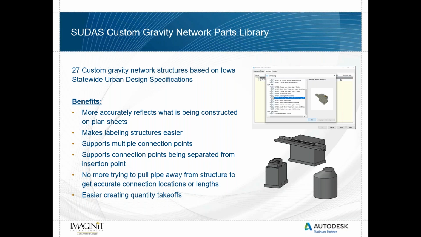Especially as we started doing research for this library, what we figured out was that once clients would draw their pipe run in using the out-of-the-box parts, they would physically pick on that pipe and pull it back just a little bit, move it off to the side just a little bit, trying to get more accurate connection locations or more accurate pipe lengths, right?